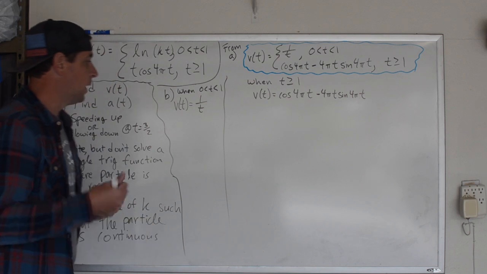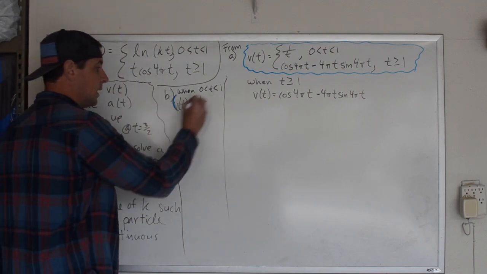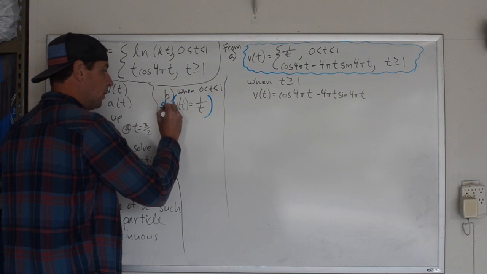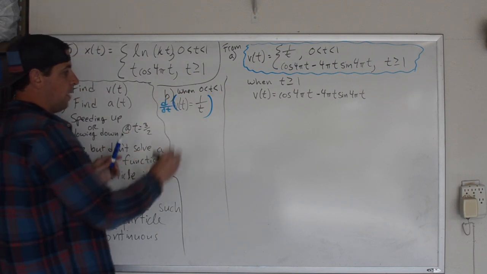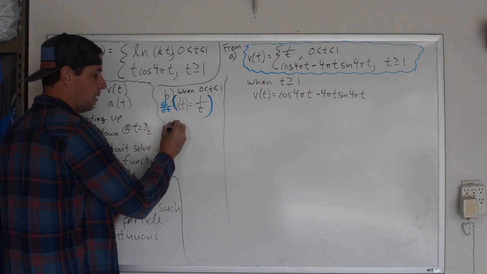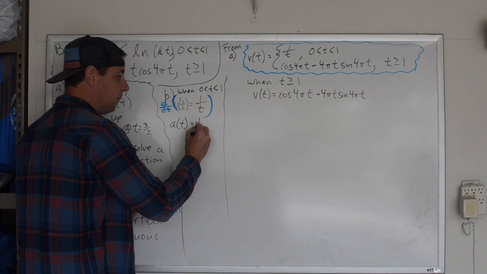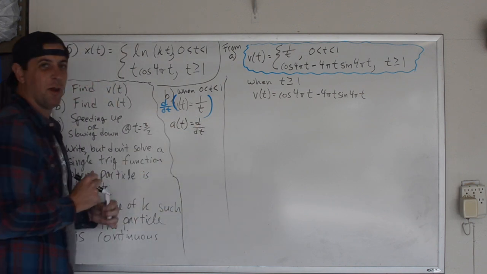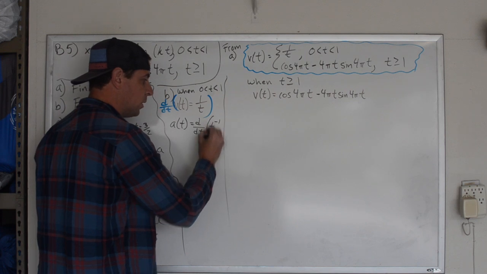So here we go. For the first one, I'm taking d dt, the derivative with respect to time, of this function. That would give me v prime, or we can write that as a of t. I like to write 1 over t as t to the negative first.